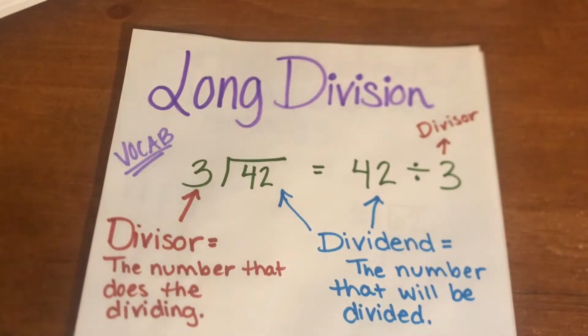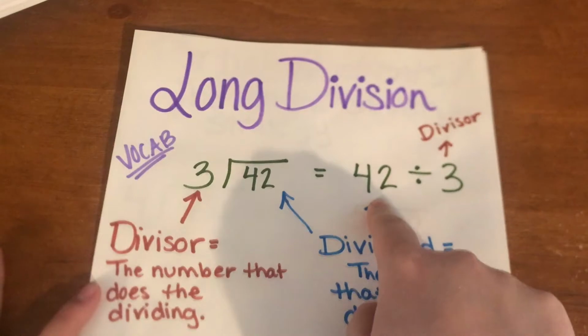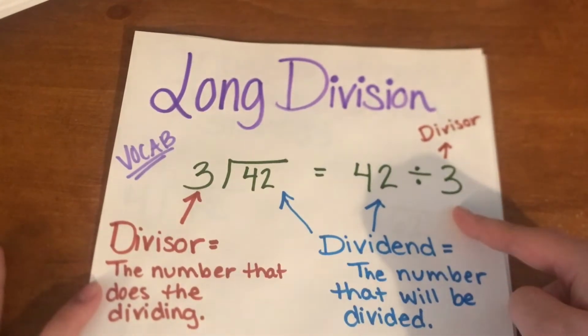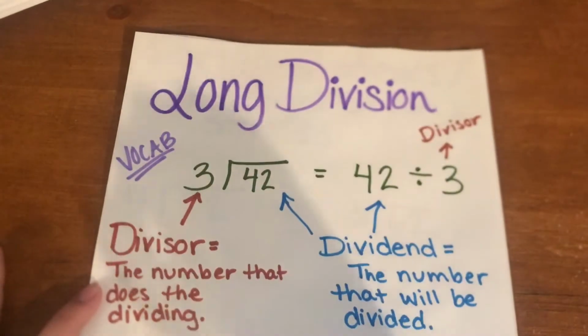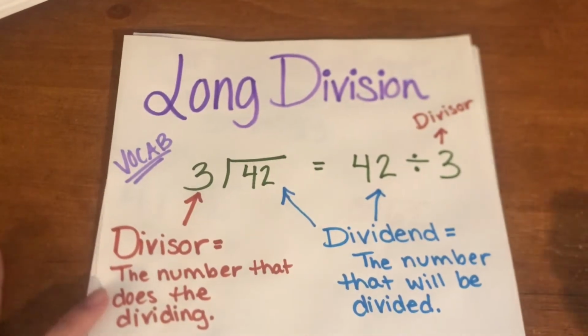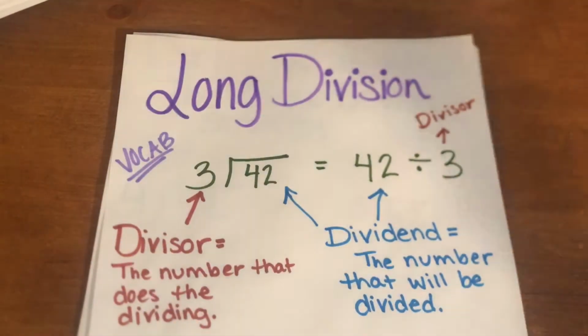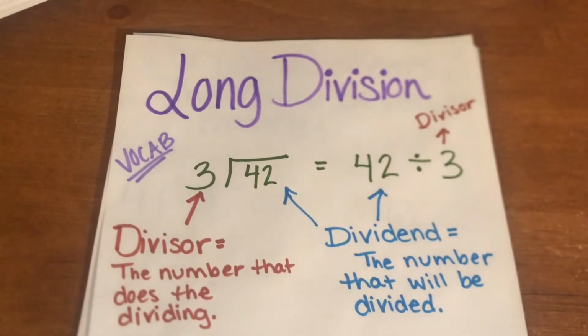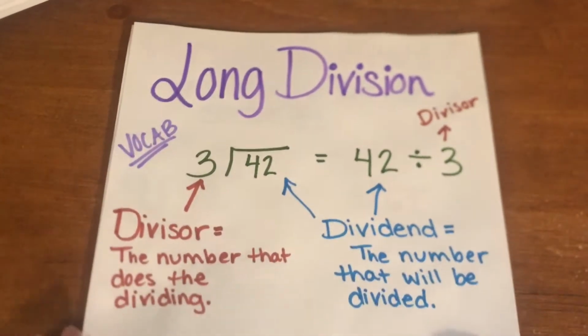Either way, we are dividing this number 42 into groups of 3 or into 3 groups. So that's where long division comes into play to make it easier. We could just subtract 42 minus 3 until we are left with nothing. Or we could skip, it's kind of like a jump start to skip counting.